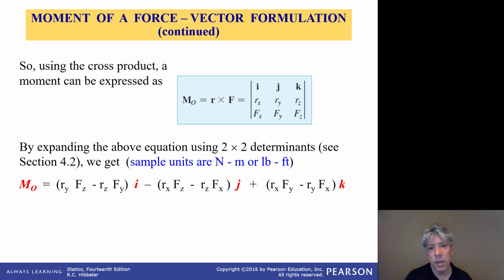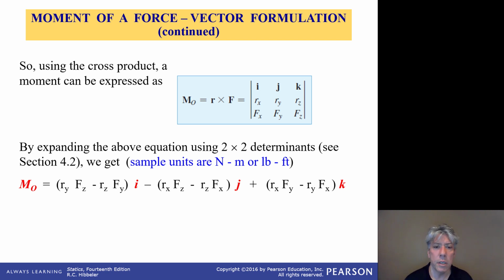Notice the negative sign, though, just before the J term, comes from the mathematics of it, that you have to have a negative sign there. Now, it could be that the terms inside of those brackets end up being negative, and then negative times negative is positive, and the component of the moment in the J direction is a positive thing in that case.